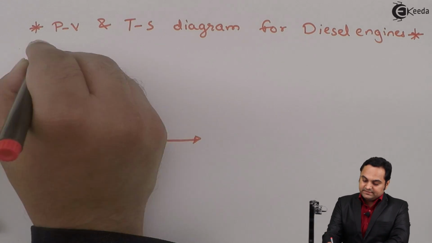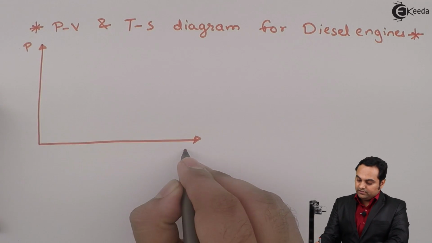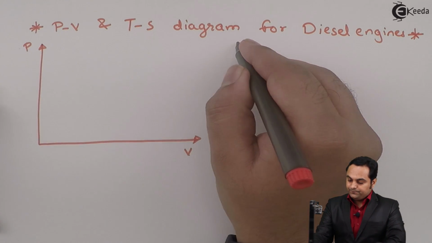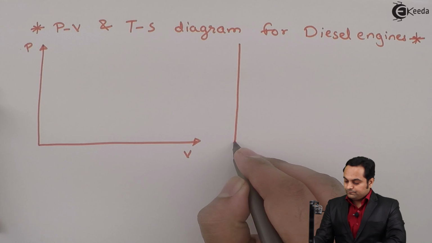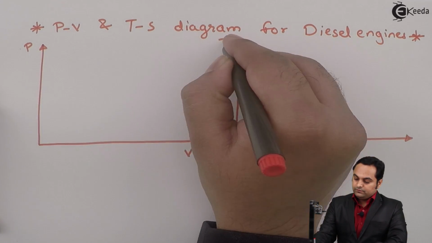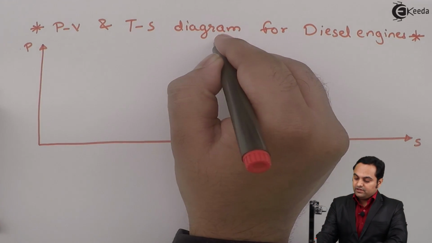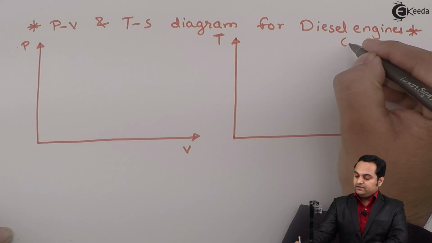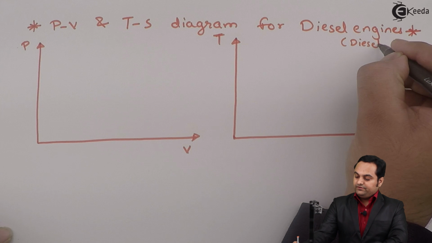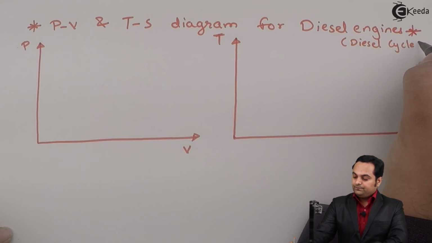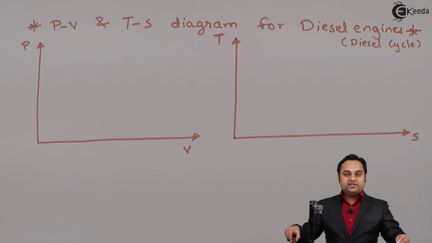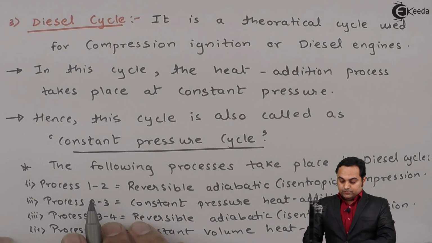This PV and TS diagram is nothing but a graph, that is PV diagram is a graph between pressure and volume. TS diagram is the graph between temperature and entropy, and this is also called as diesel cycle.